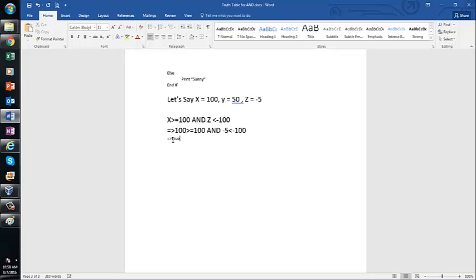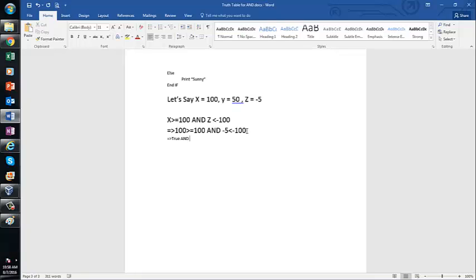Okay, and then if you take a look here, minus 5 less than minus 100. It's true, because minus 5 is less than minus 100. How could that be, Rafiq bhai? Let me give you an example.